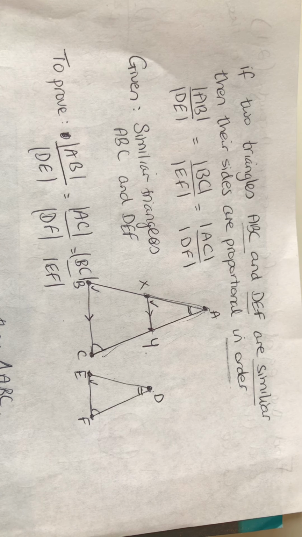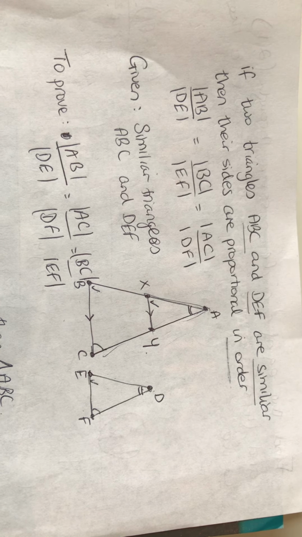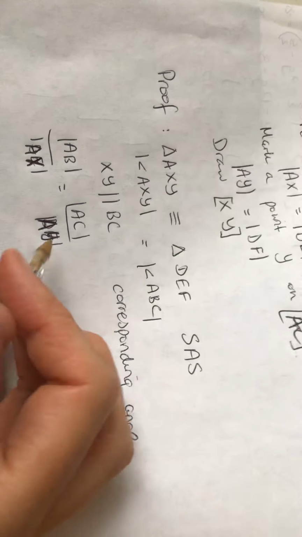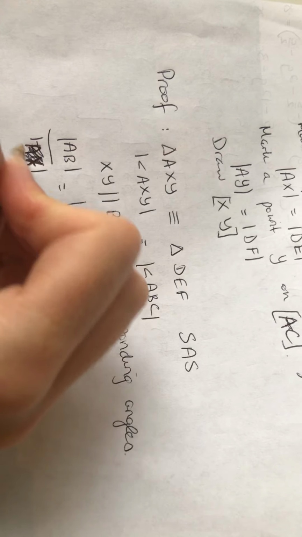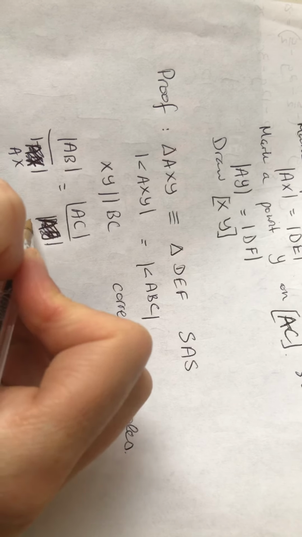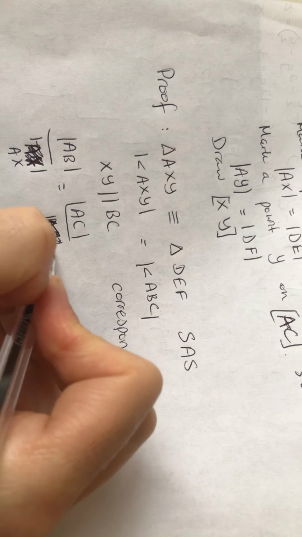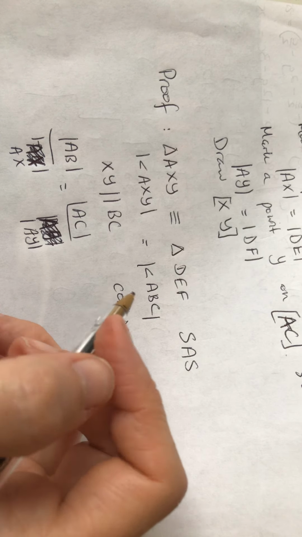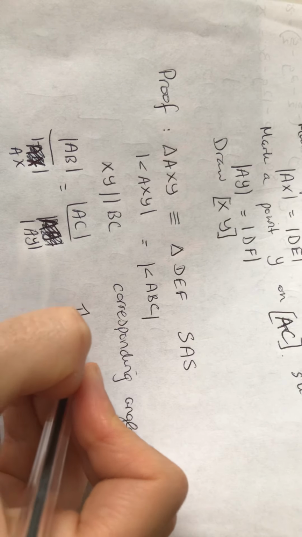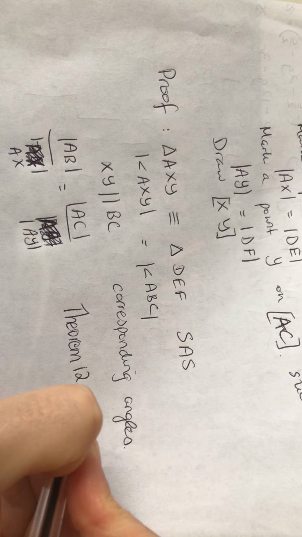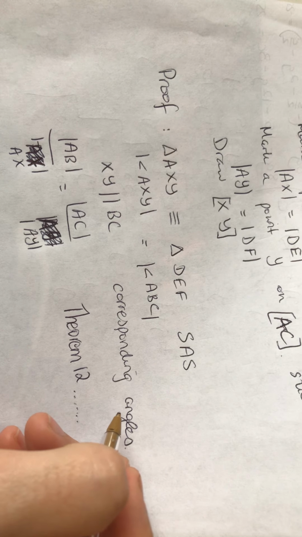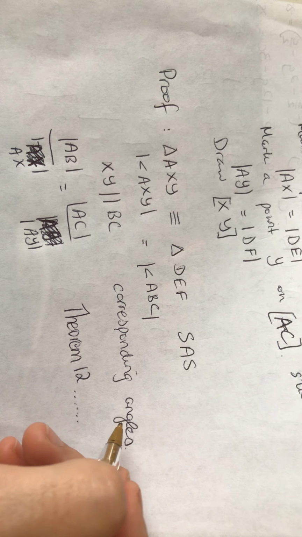It's meant to be AY. And that's from Theorem 12. You can just write what Theorem 12 states: a line parallel to BC cuts AB in the ratio of S to T, then it also cuts AC in that same ratio.